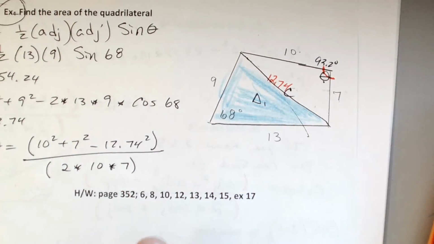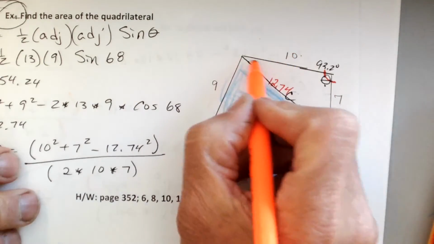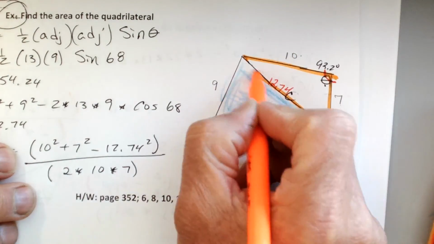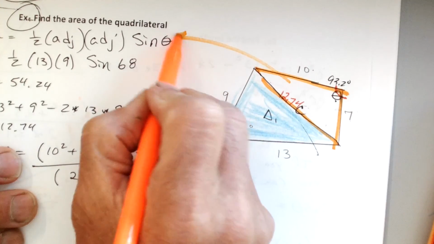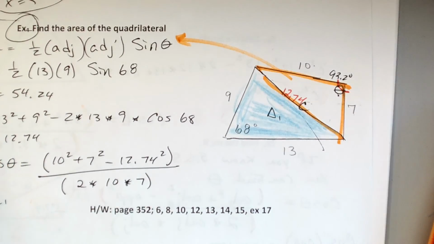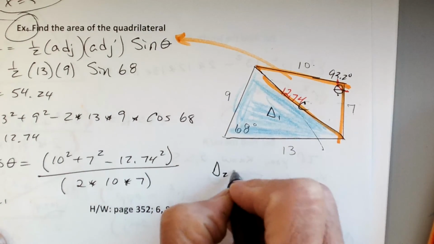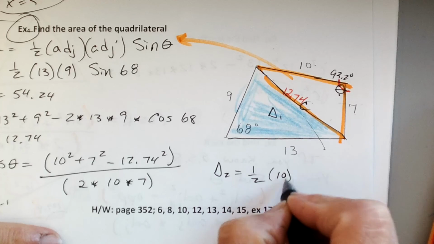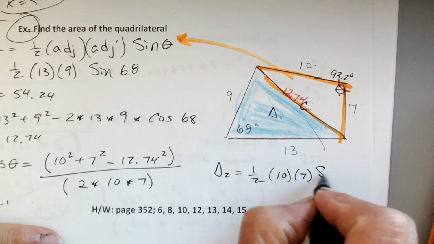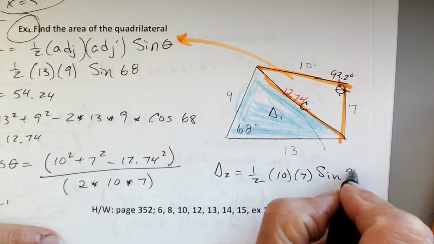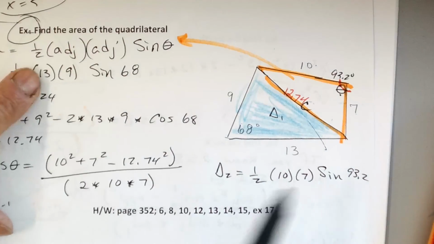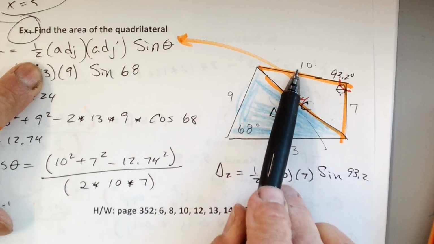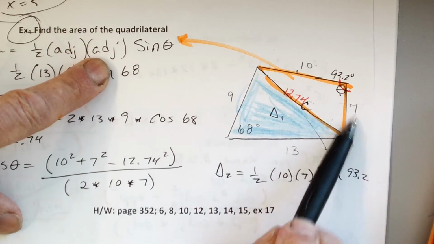Now, finally, triangle 2. If I use this formula for triangle 2, the area of triangle 2 is going to be 1/2 times 10 times 7 times the sine of 93.2, because this formula says 1/2 adjacent times my other adjacent times the sine of the angle.